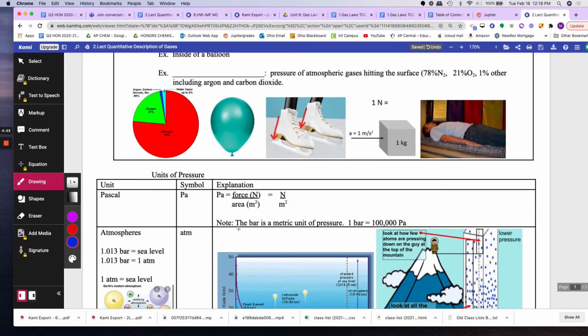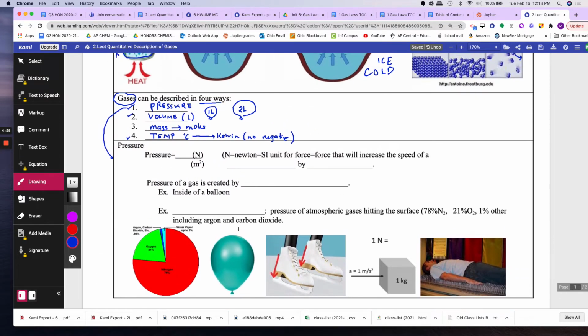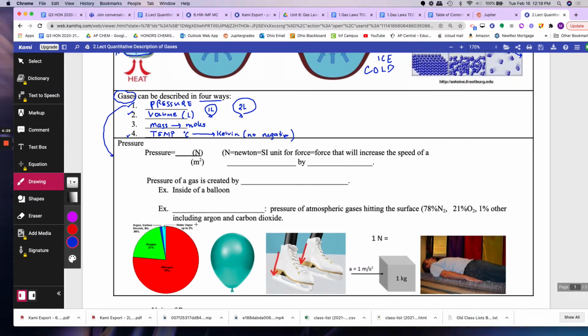So what we have here is the unit of Pascal. First, pressure of a gas is created by random motion of the molecules and their collision with the surface.